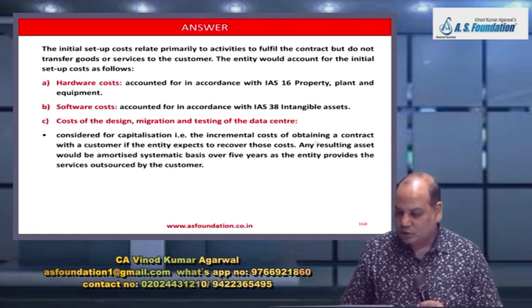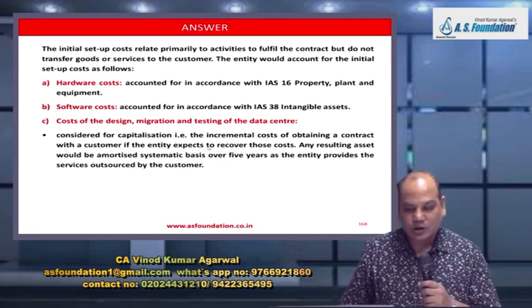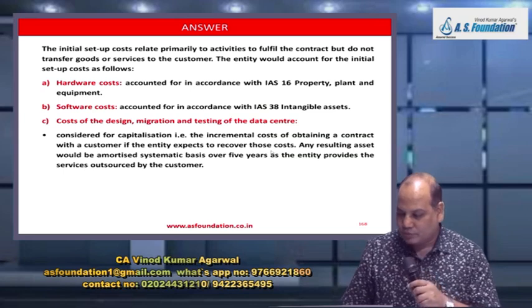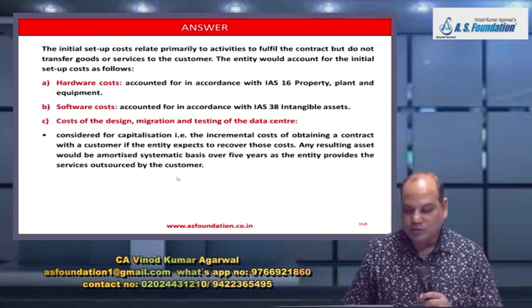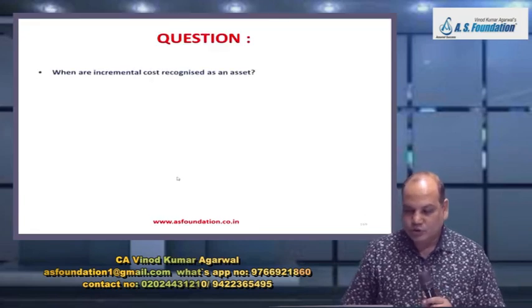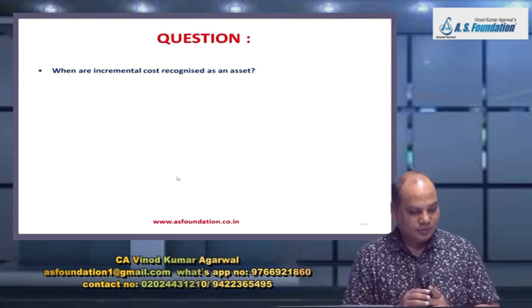That is incremental cost of obtaining a contract with the customer if the entity expects to recover those costs. Any resulting asset will be amortized systematically over 5 years as the entity provides the services outsourced by the customer. So this you will account over 5-year period.